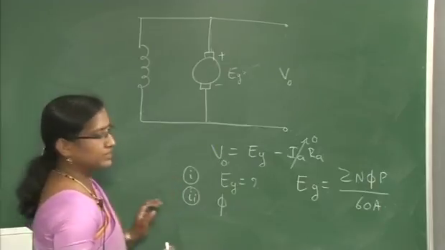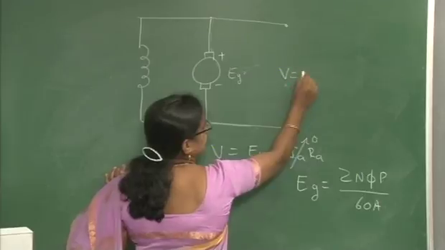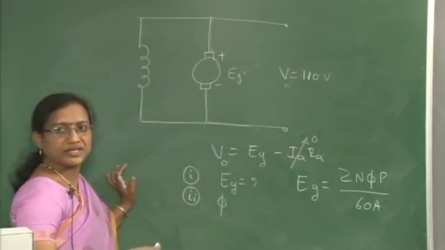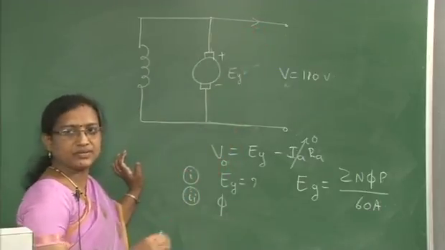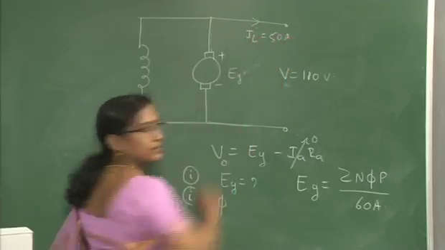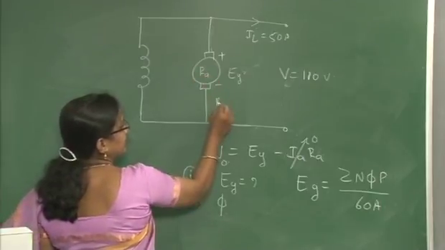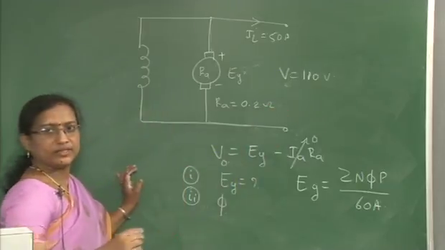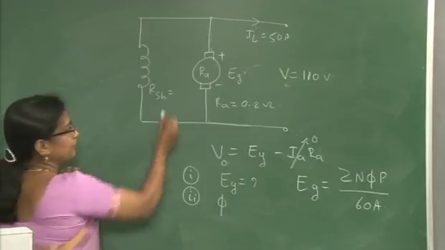So first you collect the given values. V is 110 volts, the terminal voltage. The shunt generator delivers a load current IL equal to 50 amps, and the armature resistance Ra is 0.2 ohm. Then the field resistance RSH is 55 ohms.